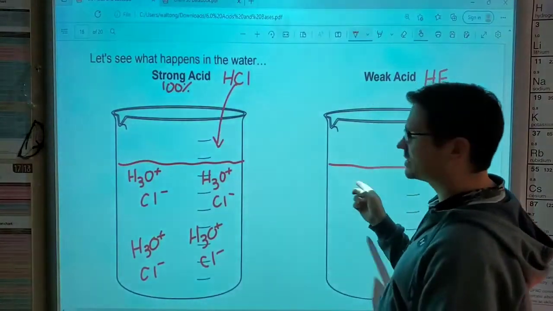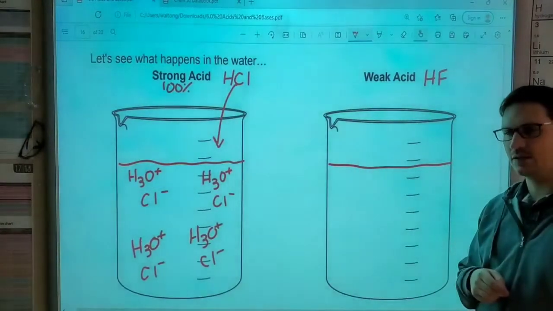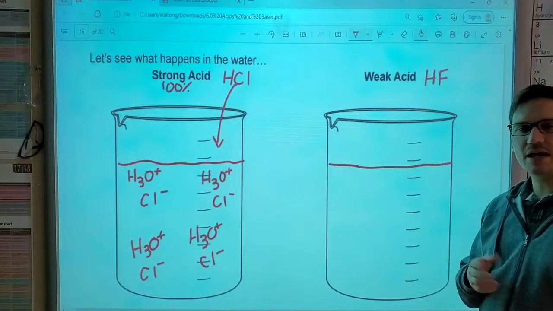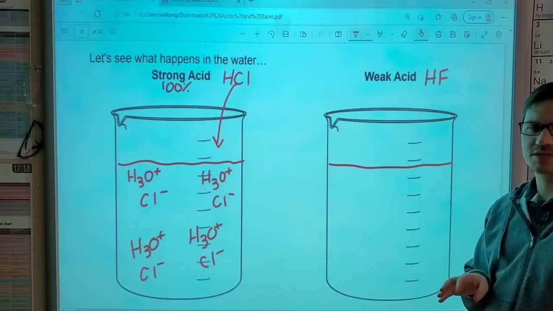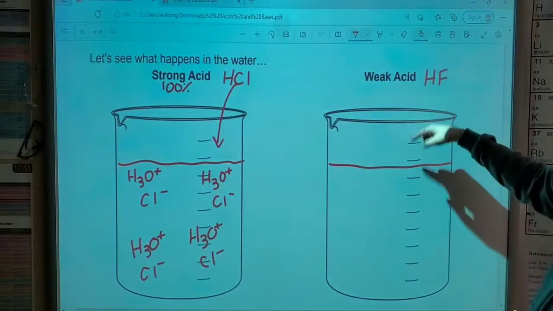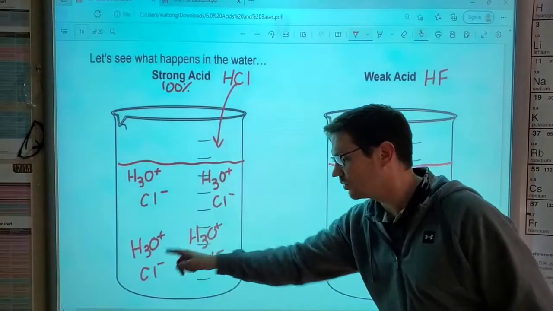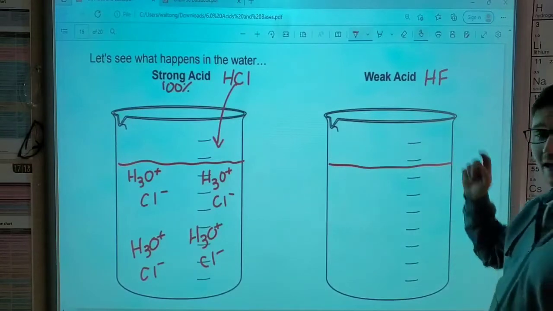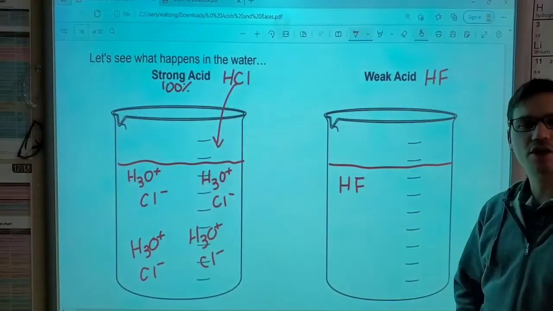Let's figure out what's going to happen with the HF, though. Our HF is a weak acid, so it reacts less than 50%. What I mean by less than 50% is that very few of them are going to react. So we're going to add 4 HF molecules, just like we did earlier when we added 1, 2, 3, 4 HCl's. I add an HF, and it's not going to react.